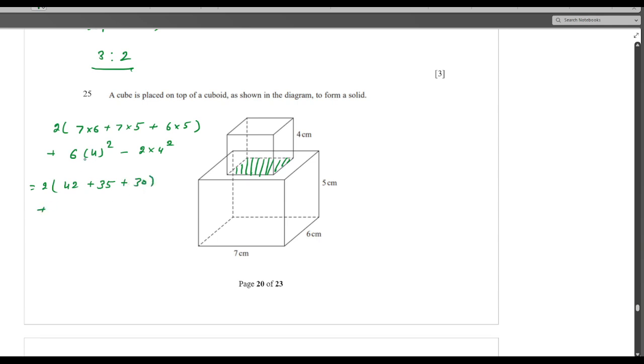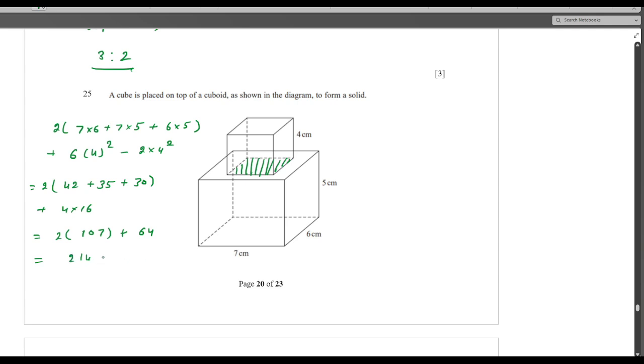plus here 6 times 4 square minus 2 times 4 square is 4 times 4 square, which is 16. This will give me 2 times, now 5 plus 2 is 7, and 4 plus 3 is 7, 7 plus 3 is 10, so it is 107, plus 16 times 4 is 64. Now 2 times 7 is 14, and 2 times 1 is 2.